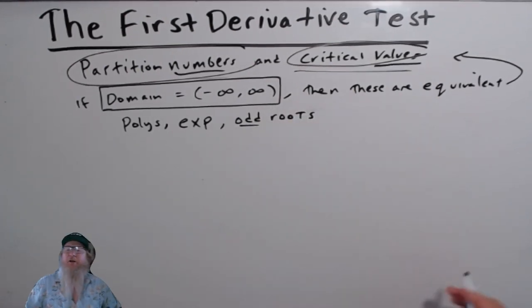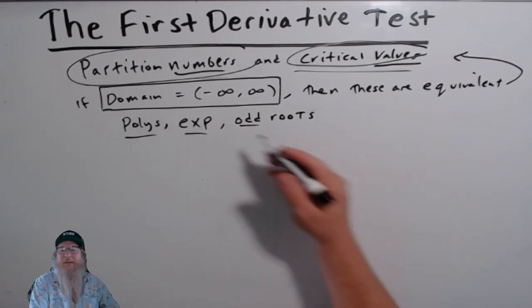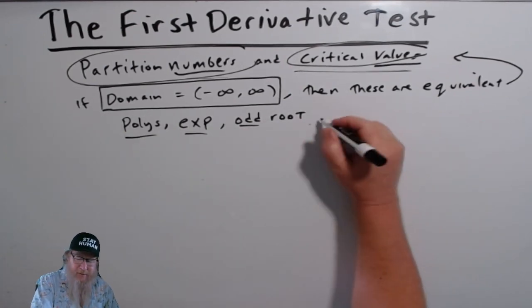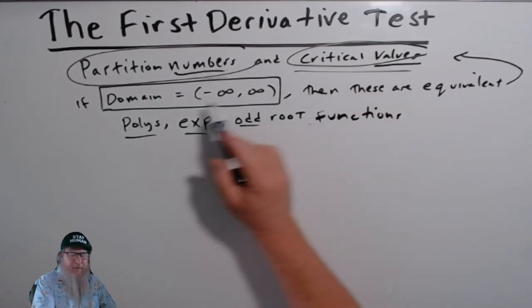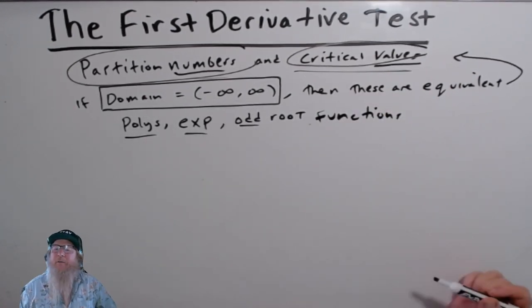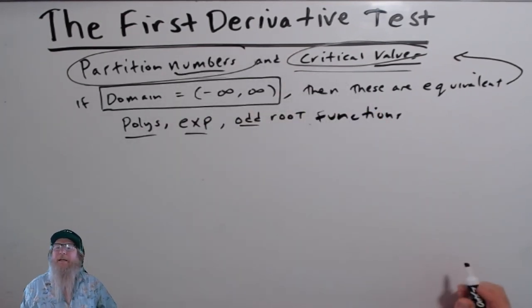So things like cube roots. So polynomials, exponentials, and odd root functions have a domain of negative infinity to infinity, in which case we don't have to make two different lists. We can just make one list.